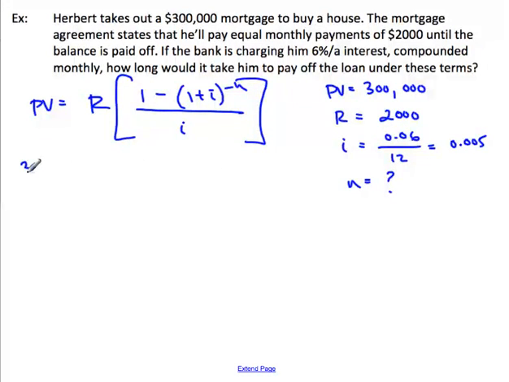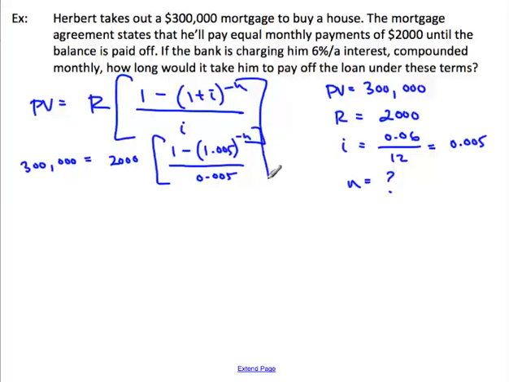So if we plug in those numbers, we get 300,000 is equal to 2,000 times 1 minus 1.005 to the power of negative n all over 0.005.